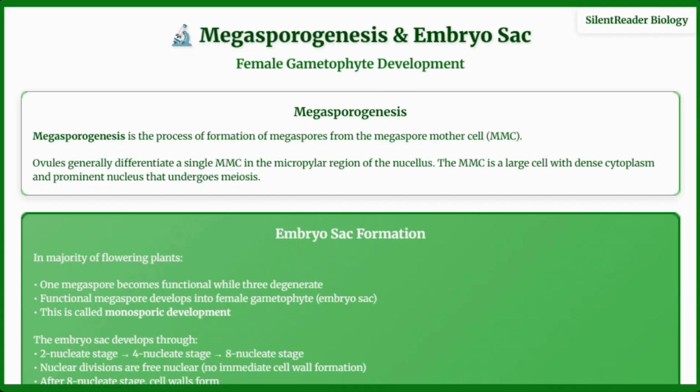Two more sequential mitotic nuclear divisions result in 4 nucleate and then 8 nucleate stages. These divisions are free nuclear, meaning nuclear divisions occur without immediate cell wall formation. After the 8 nucleate stage, cell walls form, organizing the typical female gametophyte.